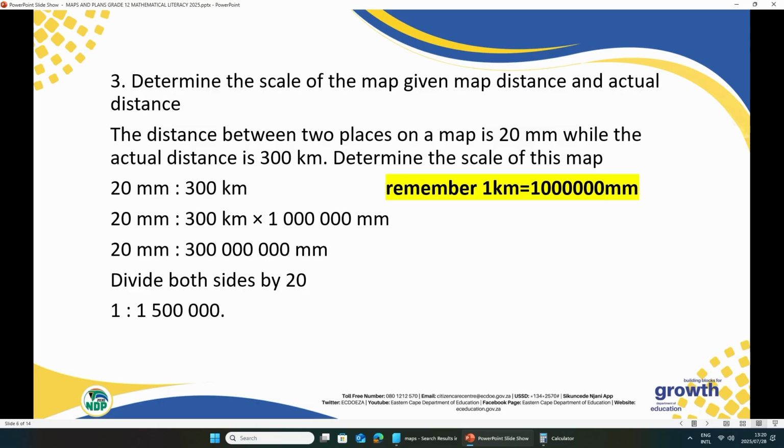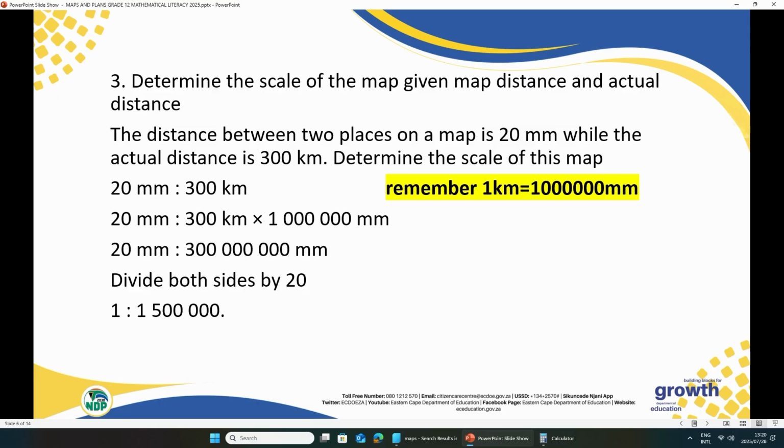So now when you look at that, you will see that our units are different. But remember, a ratio should have the same units. Hence, I must convert the kilometers to millimeters or centimeters. But since I have millimeters this side, I will use millimeters. Remember again, 1 kilometer equals 1 million millimeters.